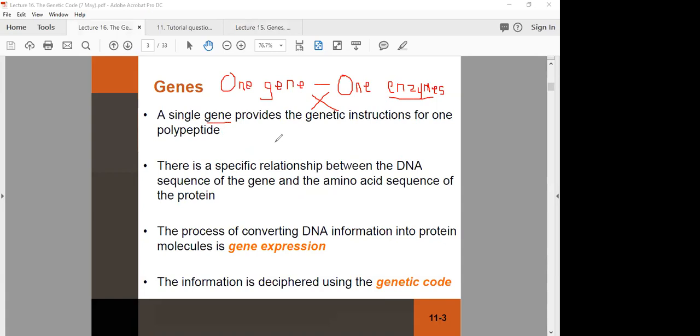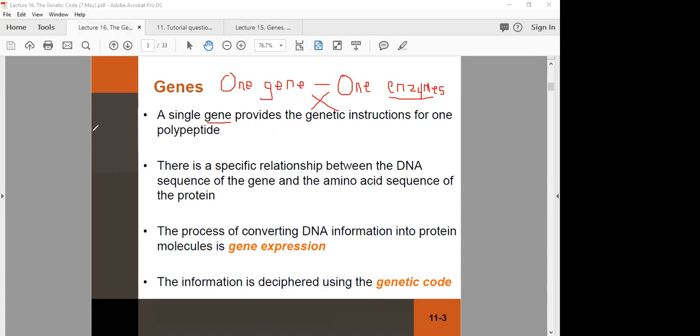So each of those polypeptides is encoded by its own gene. You would need not one gene for that protein, but 4 different genes, each of which encodes its own polypeptide. So this hypothesis was later amended to the one gene, one polypeptide hypothesis.